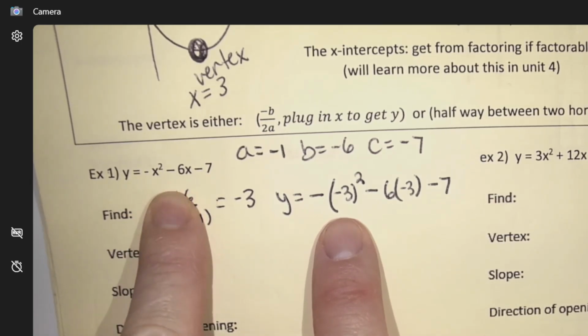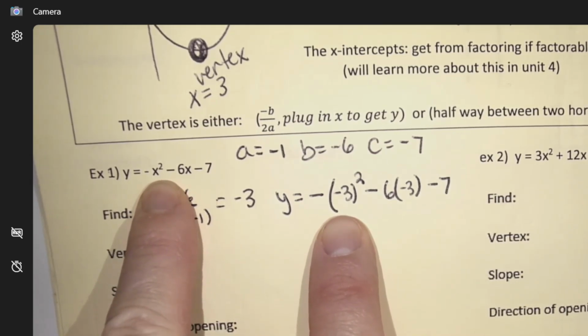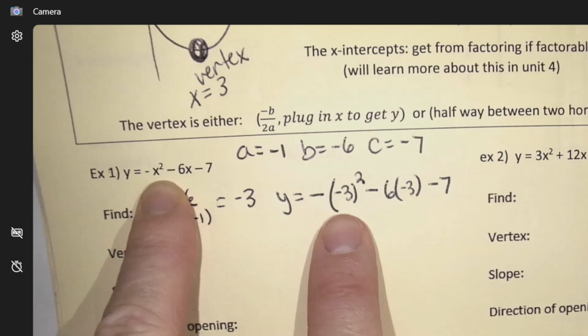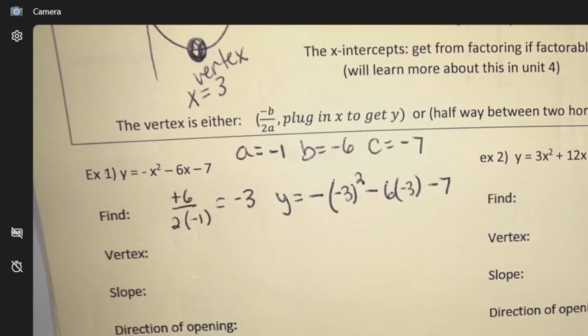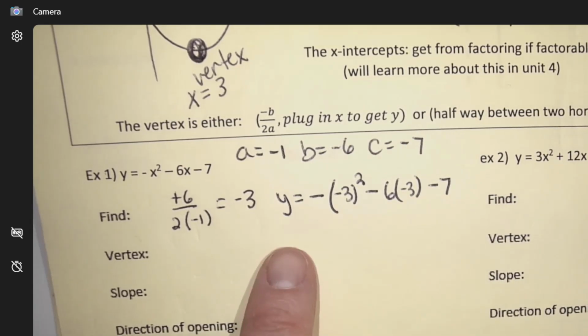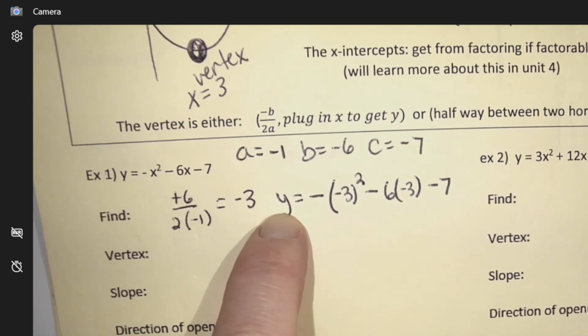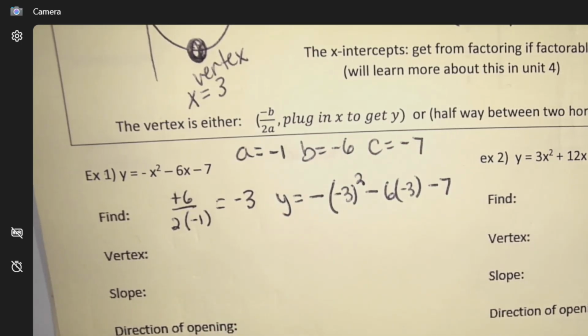I wrote this equation, but every time there was an x, I plugged negative 3 into the x. In math, if you know x, you plug it in, and the output will be a y. It's like an input-output. You can put it in and see what you get out.